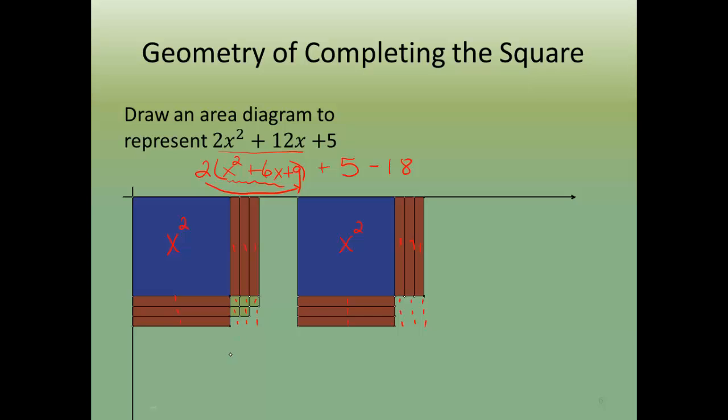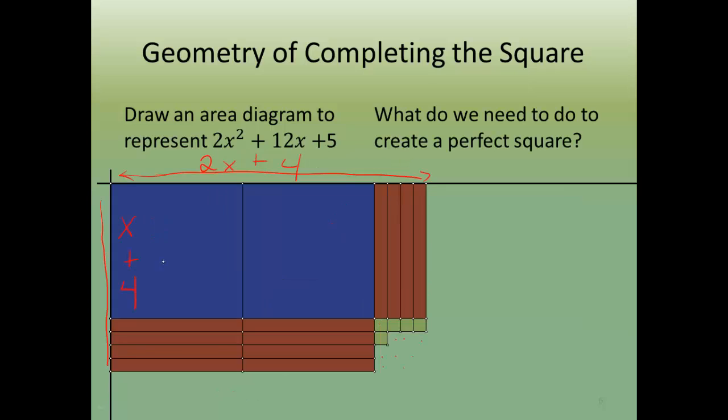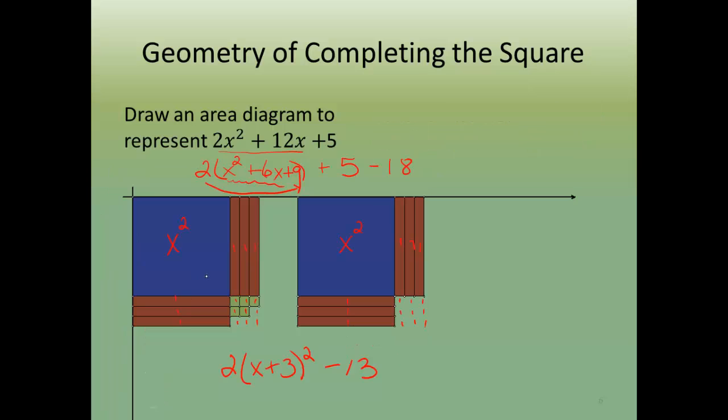So to complete the square, I have 2 groups of x plus 3 squared, and 5 minus 18, subtract 13, because those are the number of squares that would have been missing. So again, there's the geometry of what it looks like. I needed to separate one group of the 2x squared and make it into 2 groups that I could make into squares.